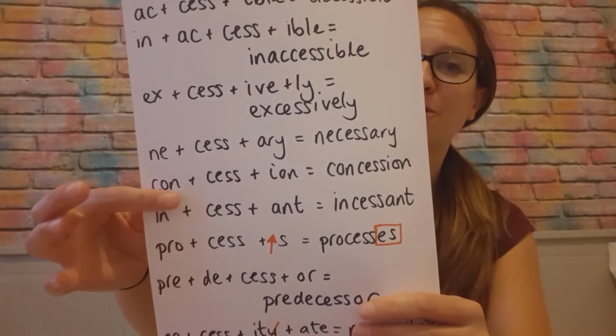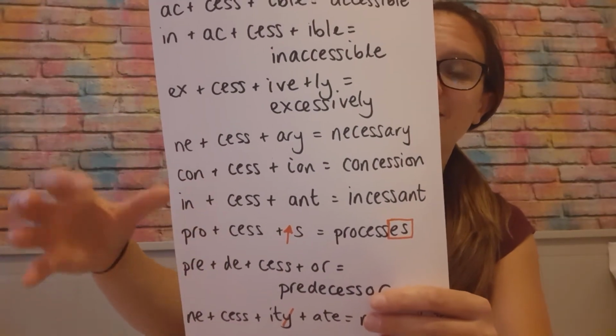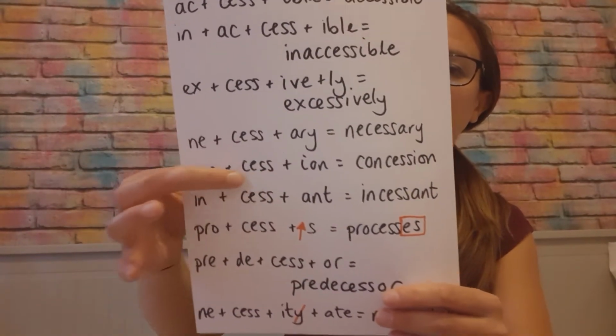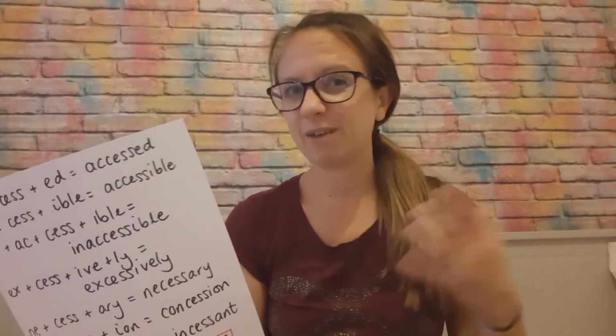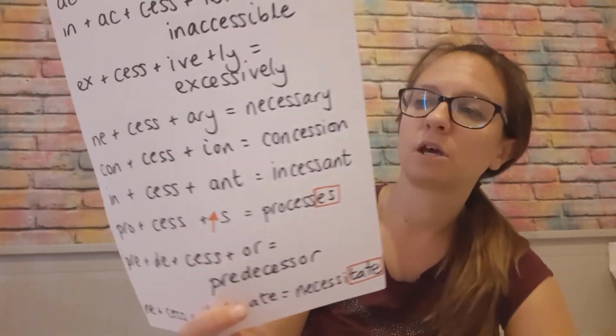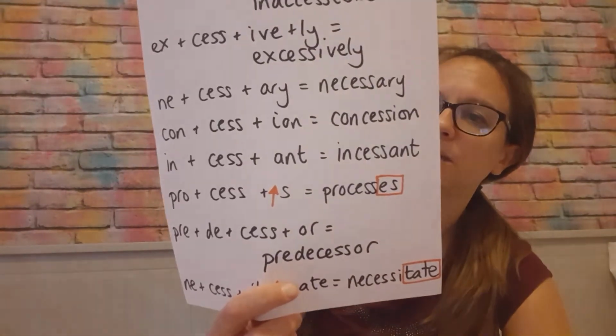There you go, a bit of Spanish there for you. So con does mean with or together. So concession, we're taking away, with other things considered. If you say you're going to have a concession, you're going to concede something, you're going to let something go. So it's that with taking it away bit there.